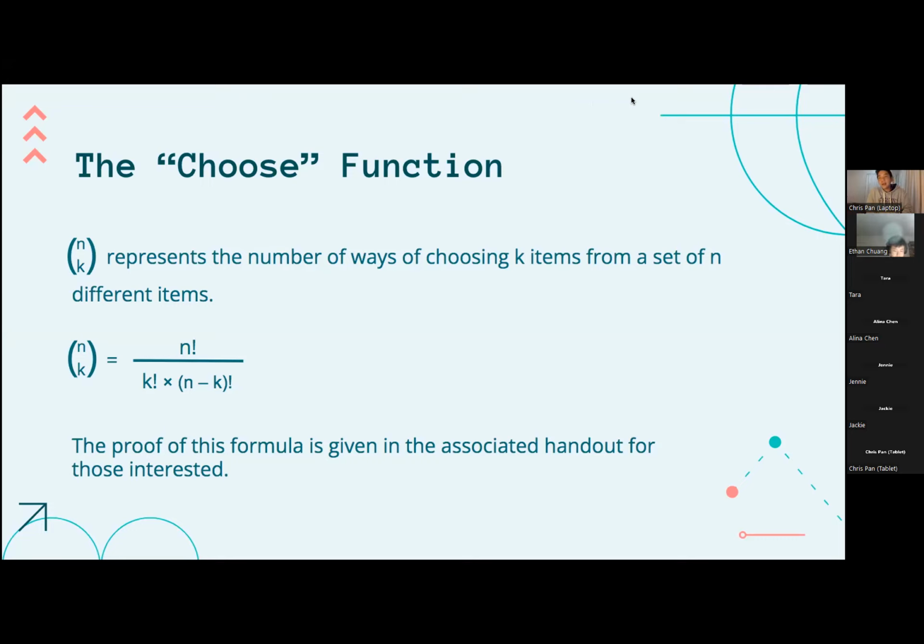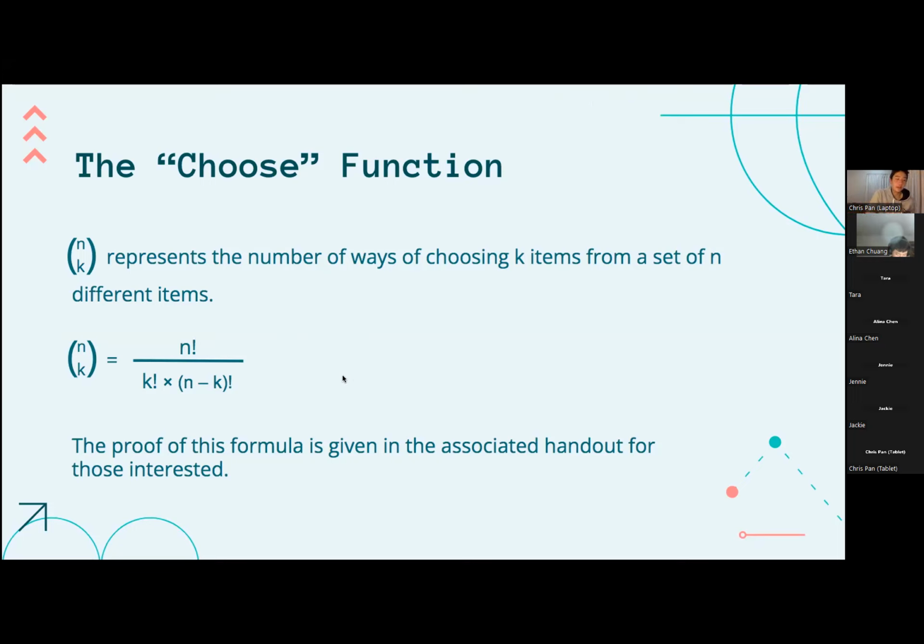Actually, I'm not going to give you guys too much time because we do have an exercise coming up, which is basically the same as what I'm doing right now. So it would be three choose two. You plug in n equals three, k equals two into the formula, and you should get the answer of three.